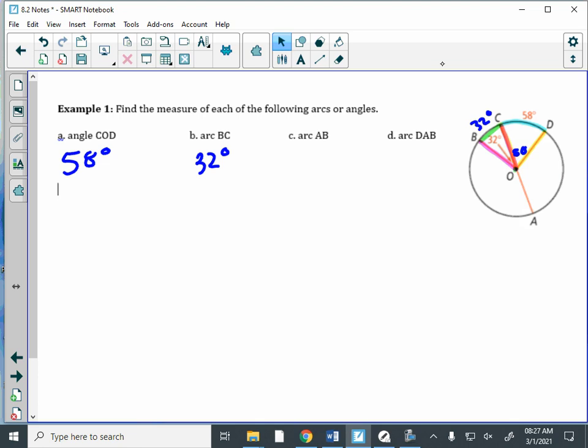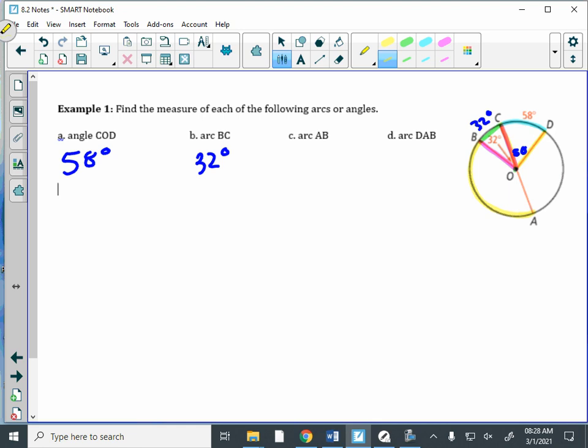The next one wants us to find arc AB. It wants us to find this yellow arc right here. Very good. Good job. This whole arc from A to C is 180.